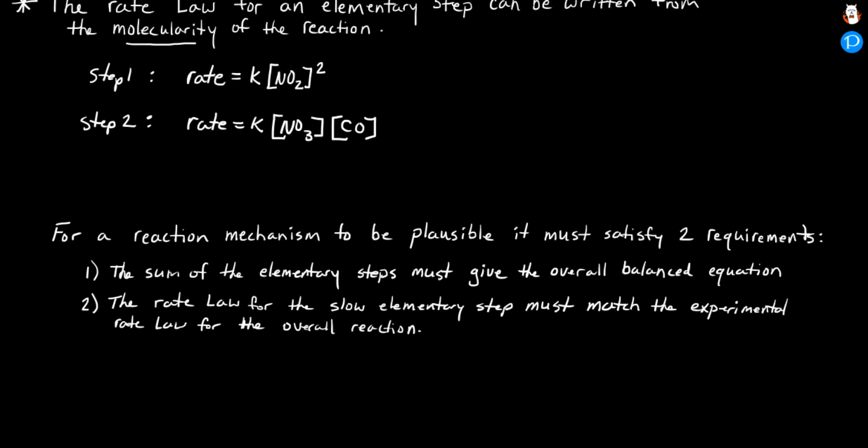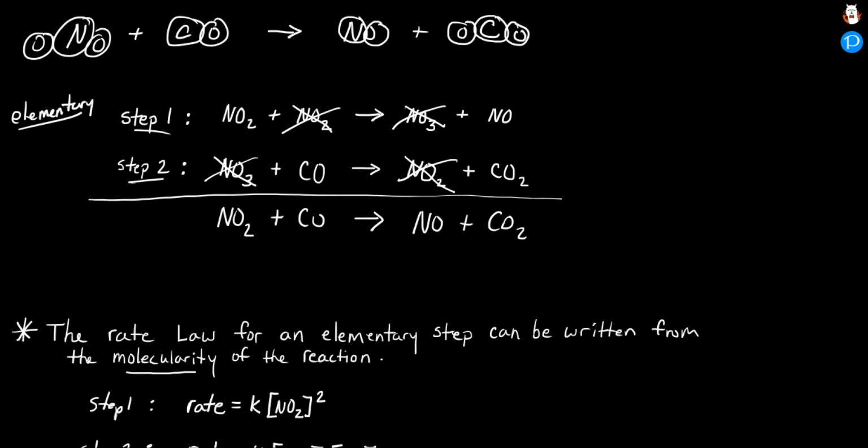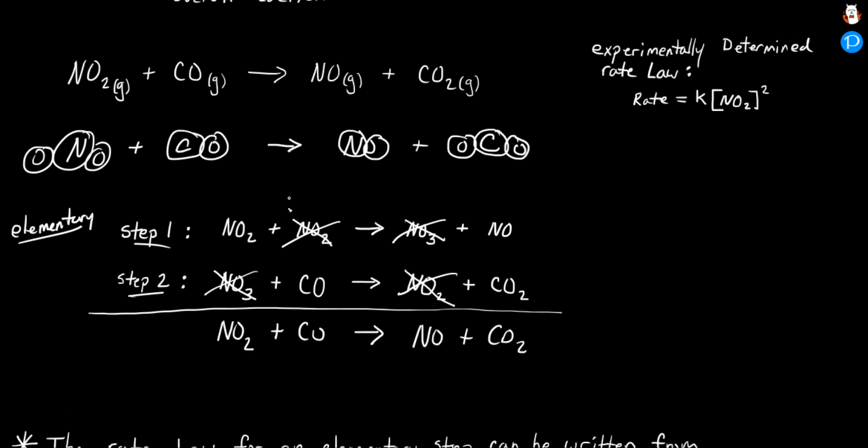We saw that up here, and that makes sense, right? If your steps don't add together to give you the overall balanced equation, then obviously your mechanism's not going to work. That's the first thing.